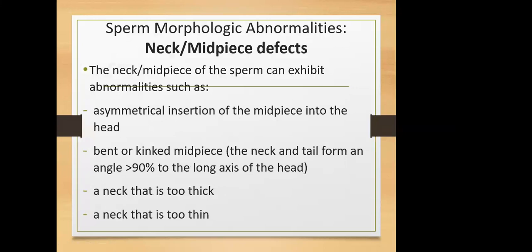Then you come to the neck. The neck or midpiece of the sperm can exhibit abnormalities such as asymmetrical insertion of the midpiece into the head. Remember, we said that the major axis of the head should also fit into the major axis of the neck so that they will align.